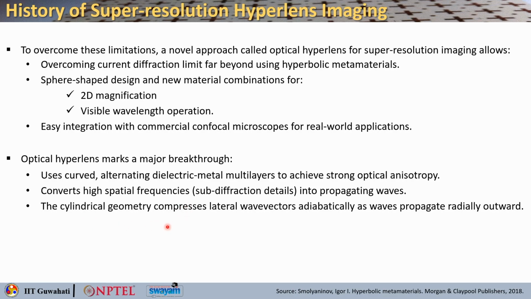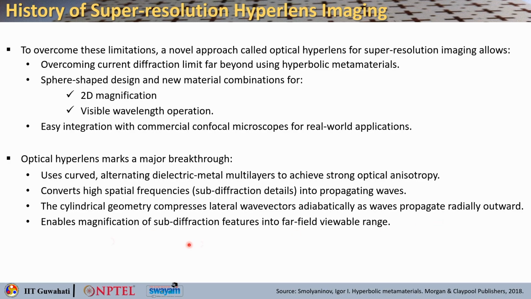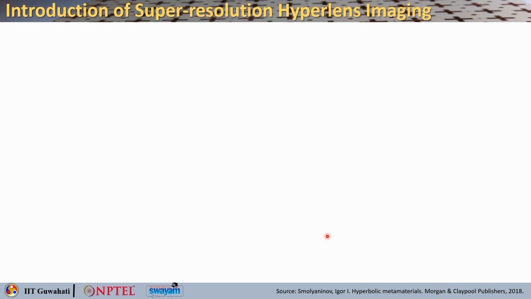The cylindrical geometry compresses the lateral wave vectors adiabatically as waves propagate radially outward, and we will see that this enables the magnification of the sub-diffraction feature into the far field viewable range.